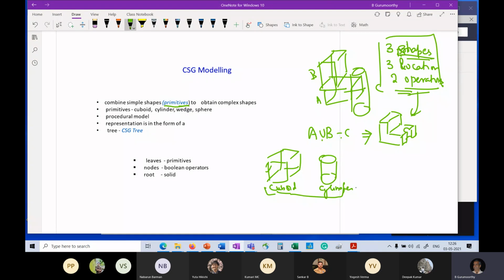Can you tell me why? Can anyone guess why these were the only two considered and everybody thought that these two will do the trick as far as representing complex shapes are concerned? Any thoughts, guesses? I mean, this is not something that you are expected to know, but I would like you to spend a minute thinking about why these two shapes would do the trick for you.